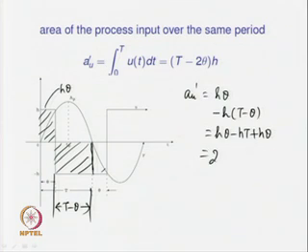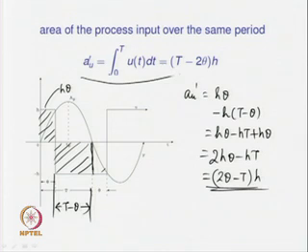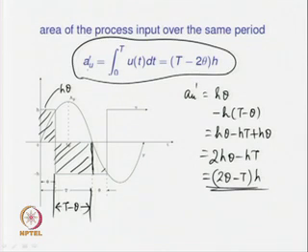That gives you 2 h theta minus h t, and if you take h as common, 2 theta minus t times h. Now, I have got an expression in a different form. Now, the area of the output signal or process input signal or relay output signal is given by t minus 2 theta times h, or h times 2 theta minus t, only a sign change is there.